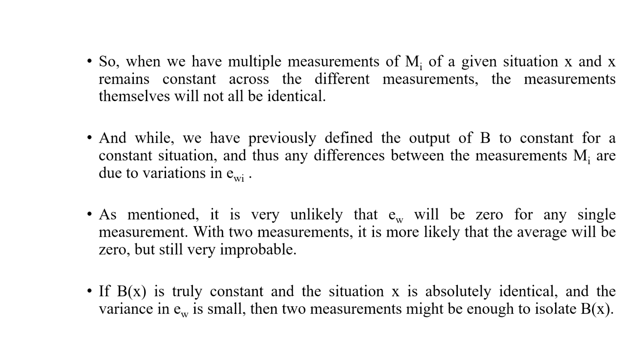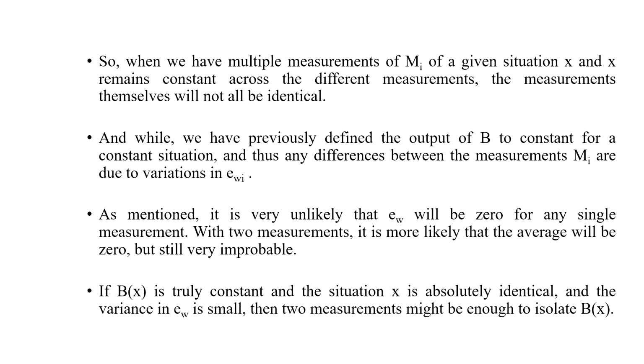Now, when we have multiple measurements, multiple trials of this particular term, so m of i given a situation x, and this x remains constant across different measurements, understand this one very important thing, that these measurements will all not be identical. Okay.